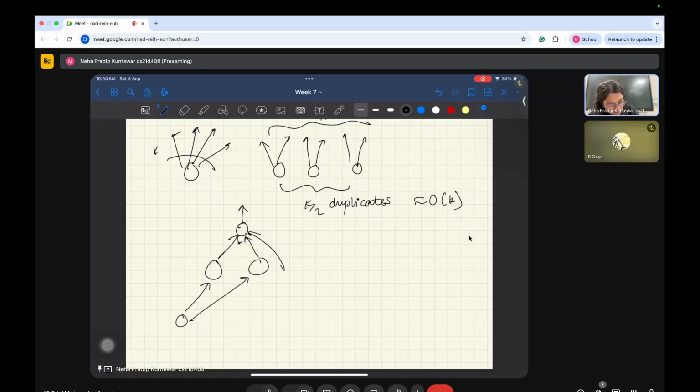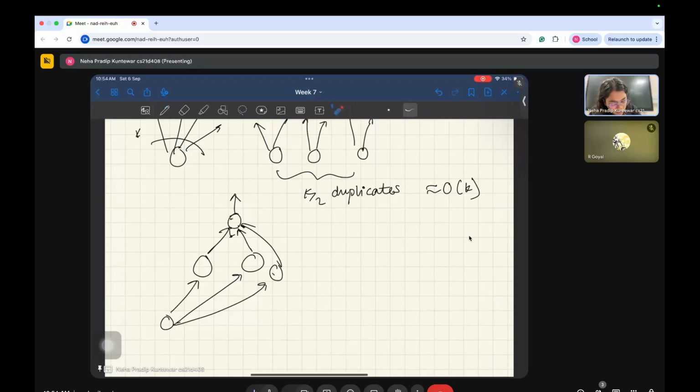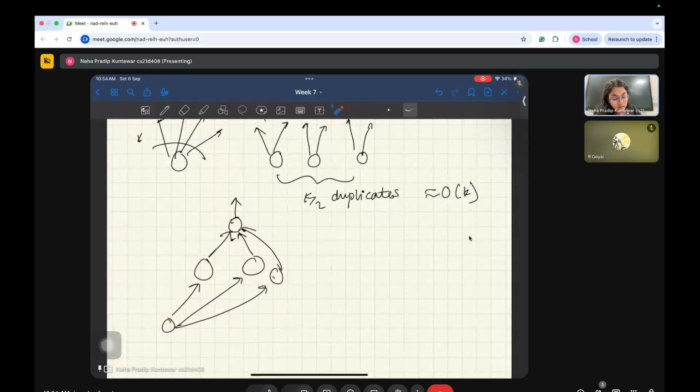Not a very nice example, but let's work with this. The point is that if this gate here was feeding into 3 other gates, then I'll have to duplicate this. That's what we said just now.